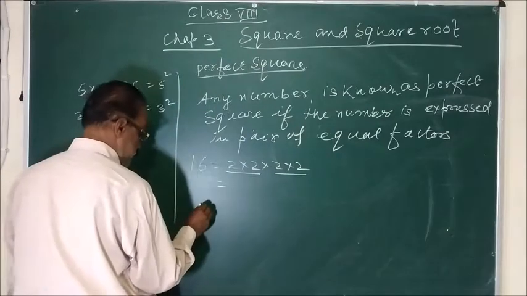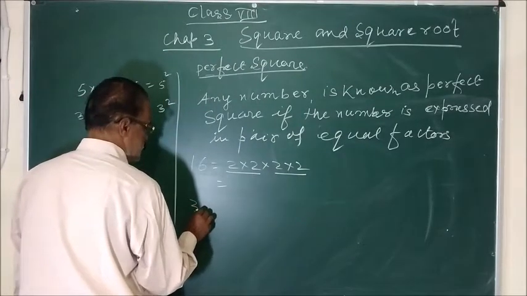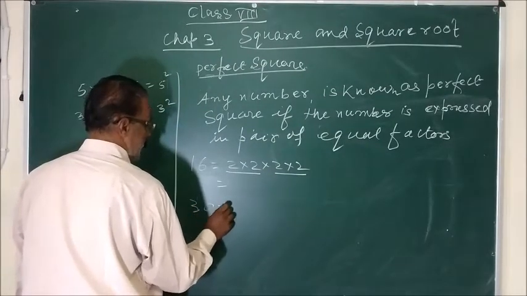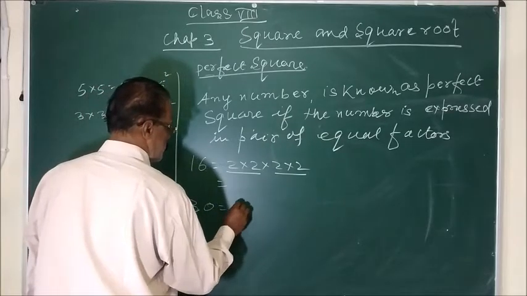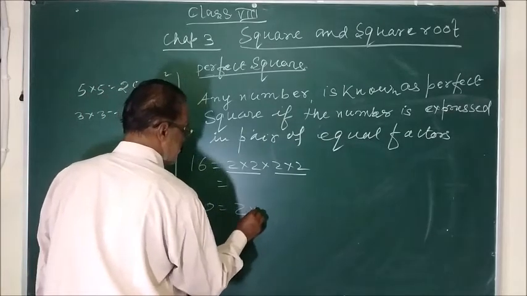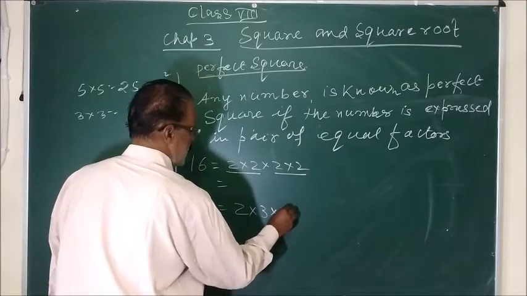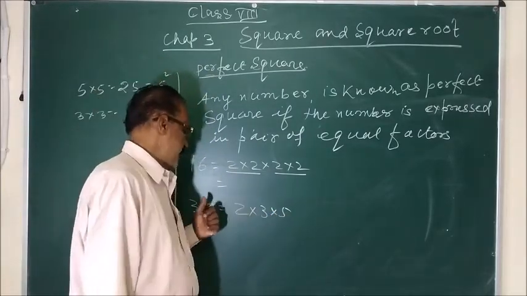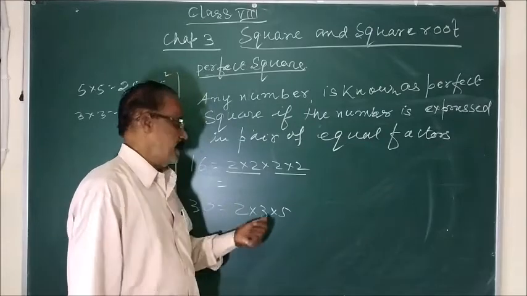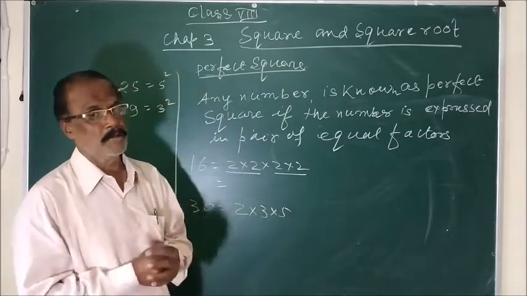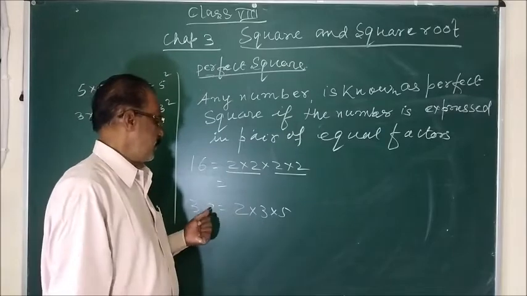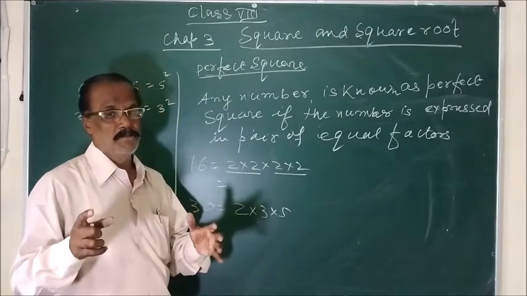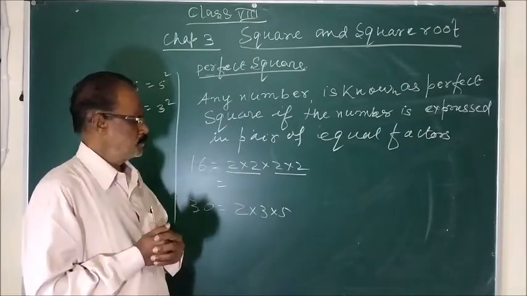Suppose 30. If you find the prime factors, 2 into 3 into 5. Now what do you see? The factors of 30 are not in groups of pairs. Therefore, 30 is not a perfect square.